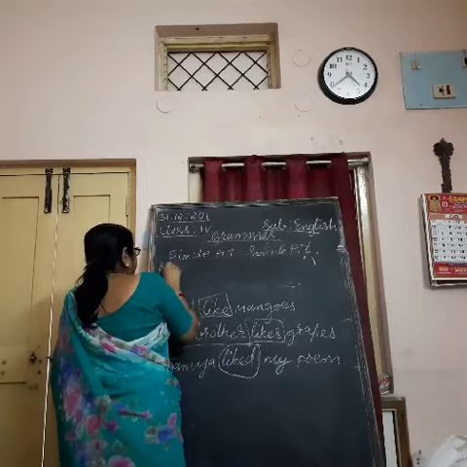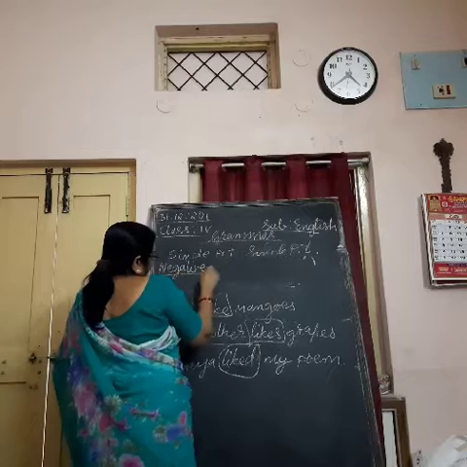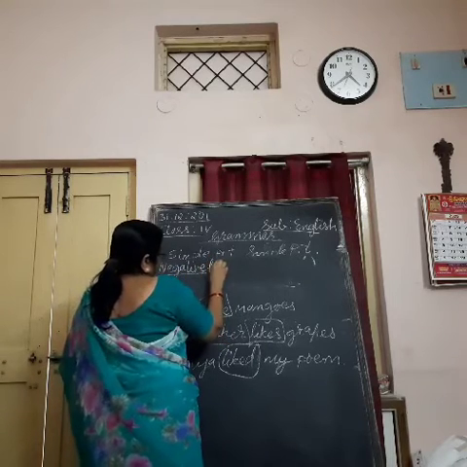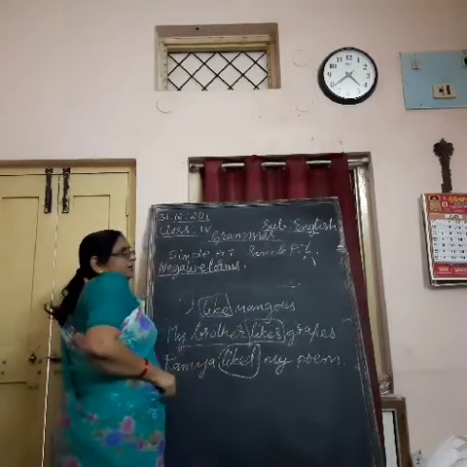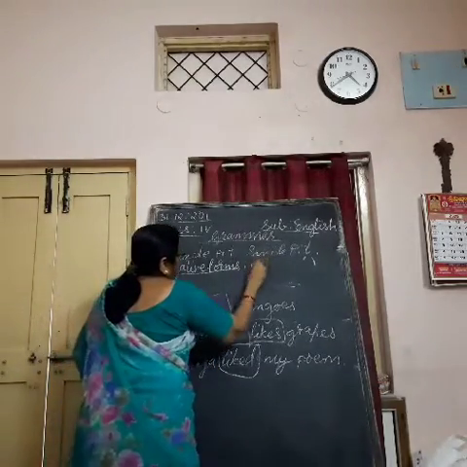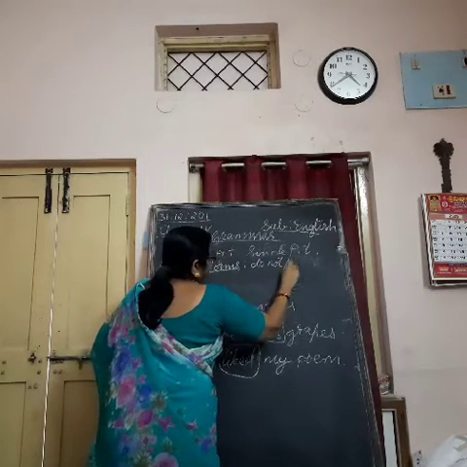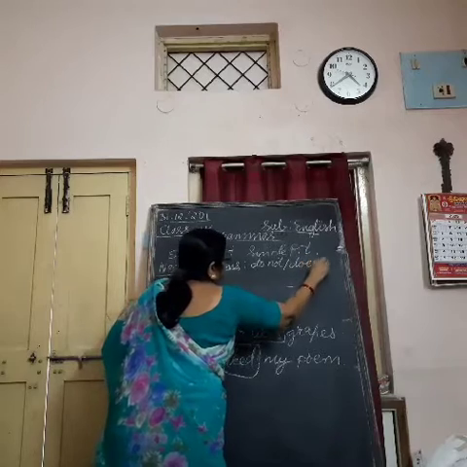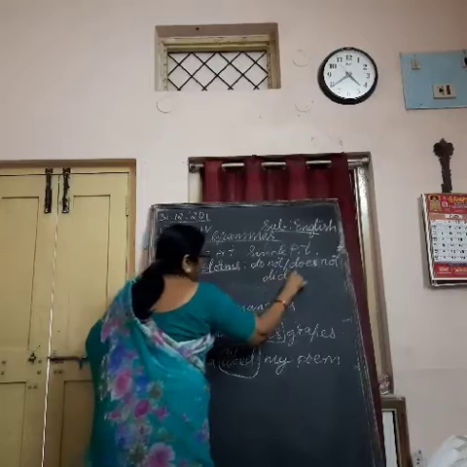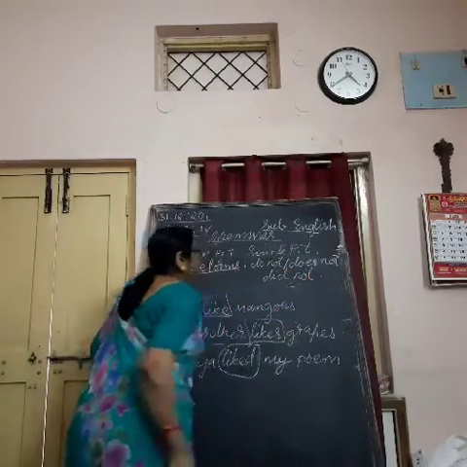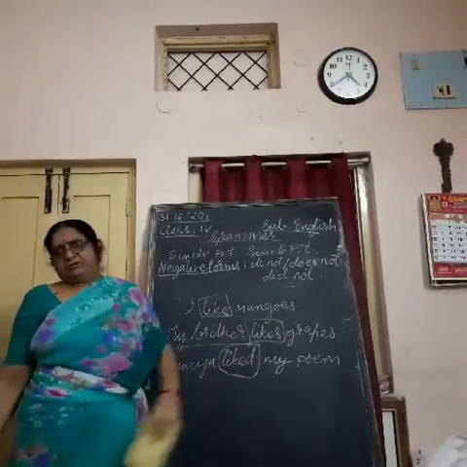Negative form sentences use do family verbs: do not or don't, does not or doesn't, did not or didn't. Now the question is when to use do not, when to use does not, and when to use did not.